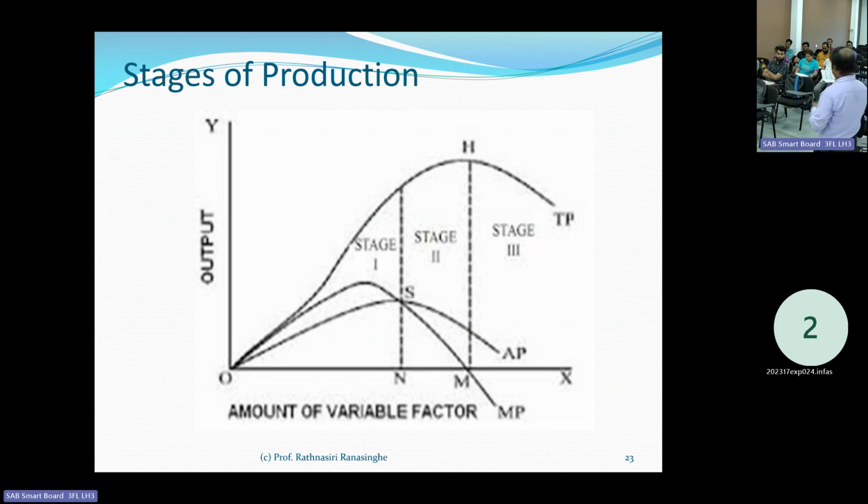Now if the producer wants to go beyond 0.8, that means he is in the long run situation, where he can decide the output level by combining both the variable inputs and the fixed inputs. So what is happening in the long run? There is no conflict between the fixed capital and the variable capital, because all the factors are variable at that point.